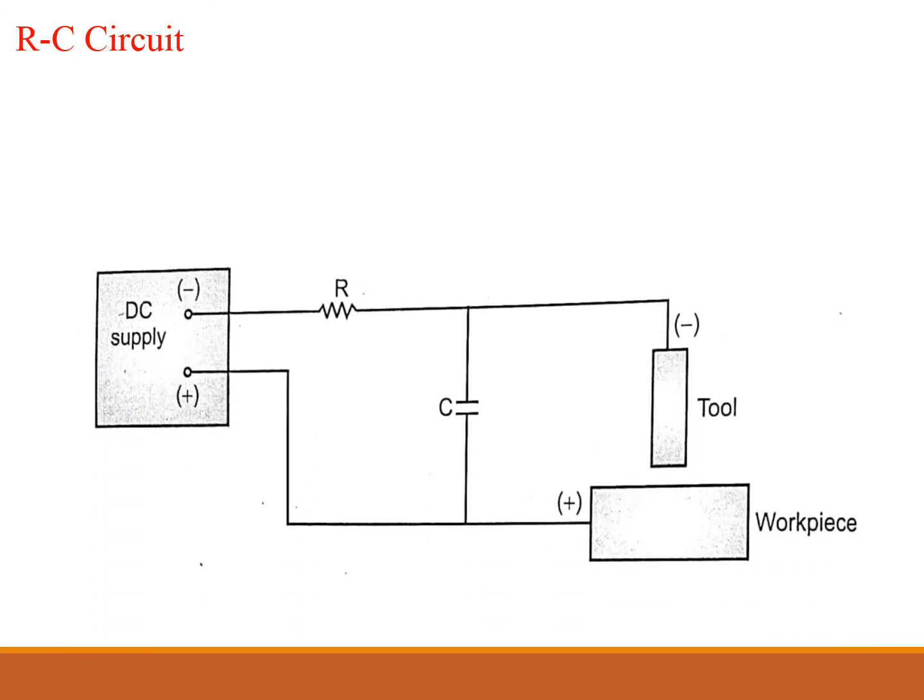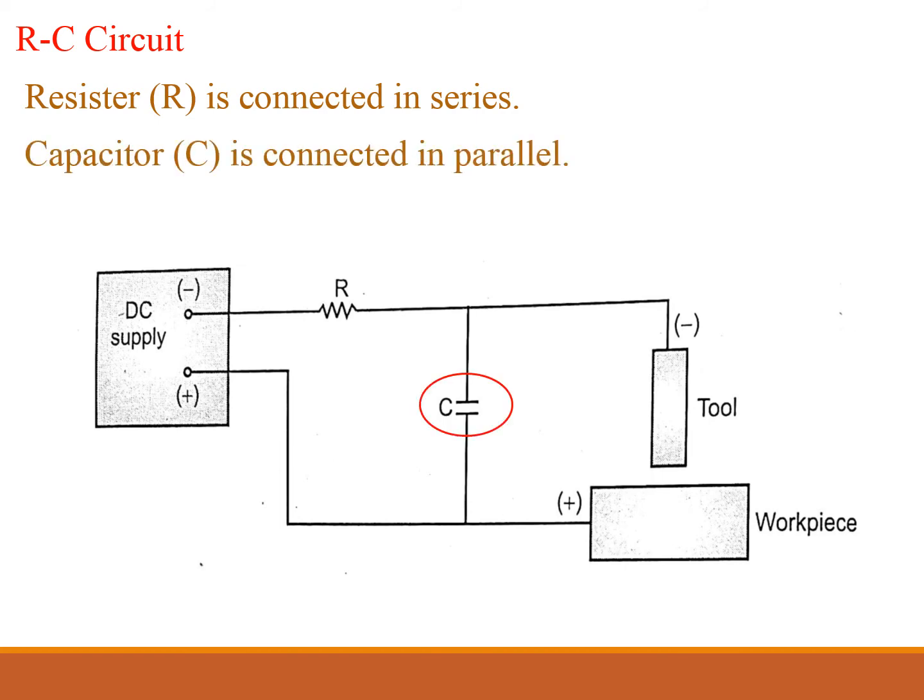RC circuit. In the RC circuit, resistor R is connected in series and capacitor C is connected in parallel. When the supply is on, the capacitor voltage starts rising continuously. When the capacitor voltage equals the breakdown voltage, a spark discharge occurs in the spark gap.